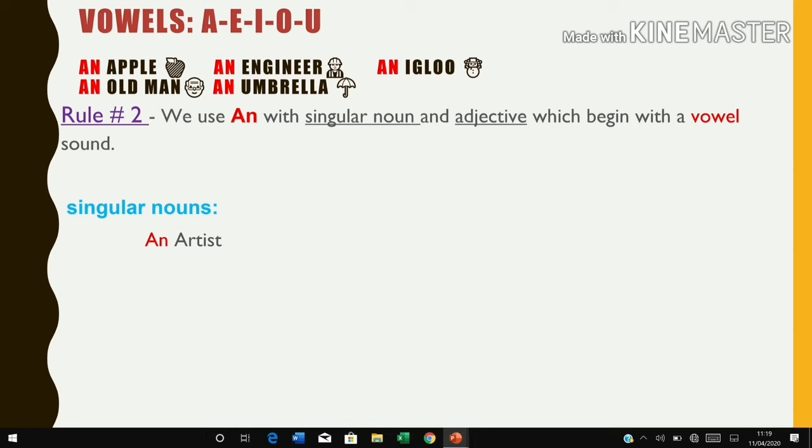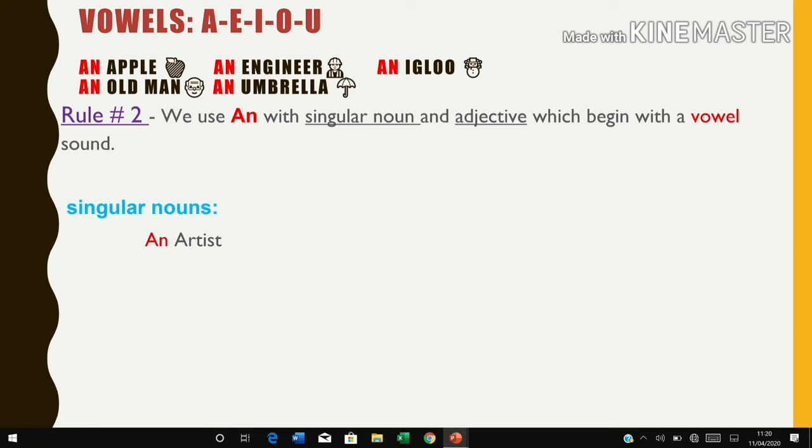A few examples of vowels: apple starts with the sound a, engineer starts with the sound e, igloo starts with the sound i, old man starts with the sound o, umbrella starts with the sound u.